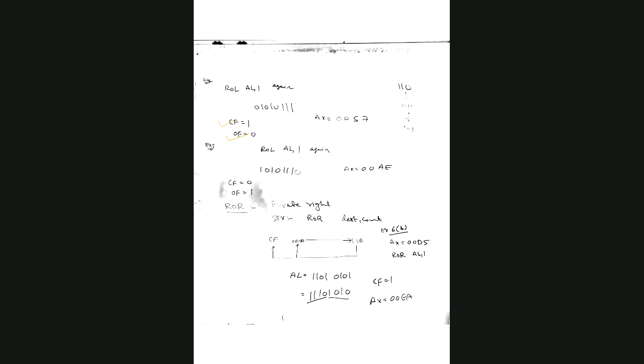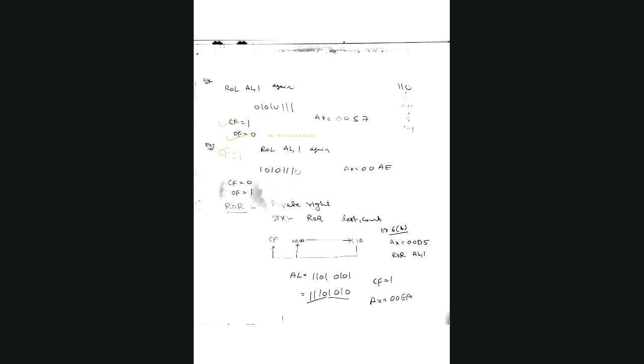Again for 57 you are doing one more time. So let's do here again one more time for 57. AL is equal to 57. So 5 you can write as 0101, 7 means 0111. Now when you do this, what happens? You have a carry flag, initially from here you have 1.